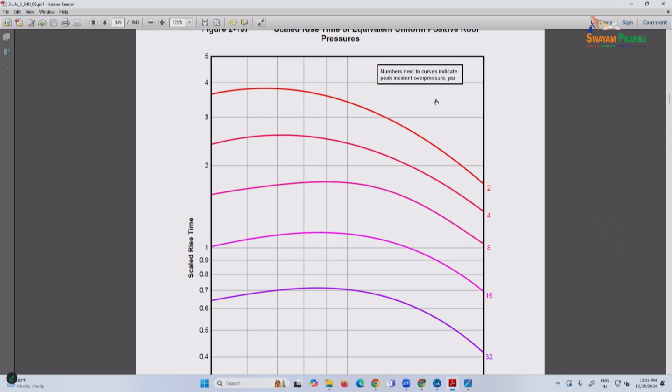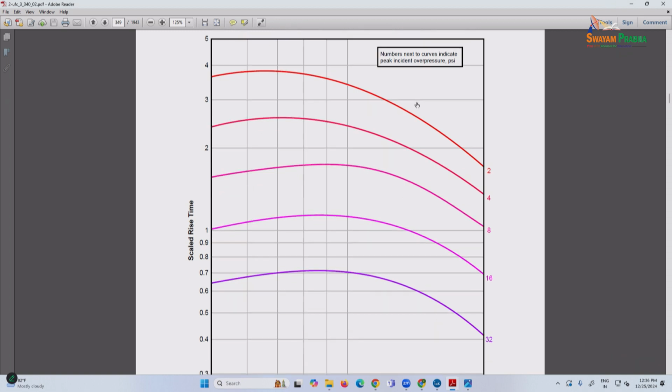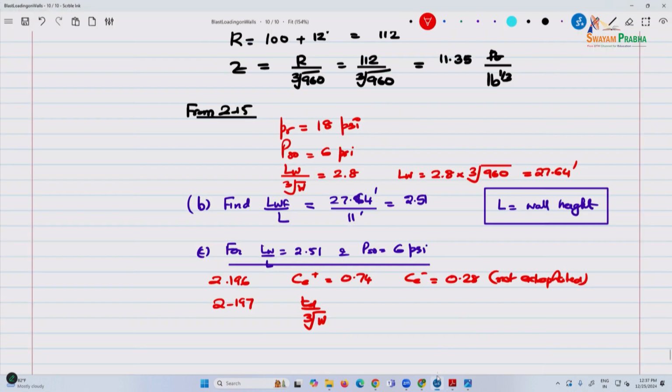And the next numbers indicate the peak incident overpressure. So incident overpressure is how much? 6 psi. So somewhere in between. So between 1 and 2, closer maybe 1.3 or 1.4. So let's say TD is 1.4.